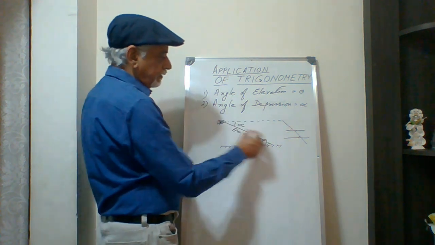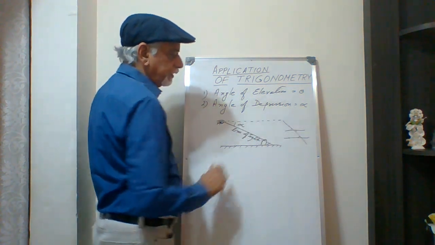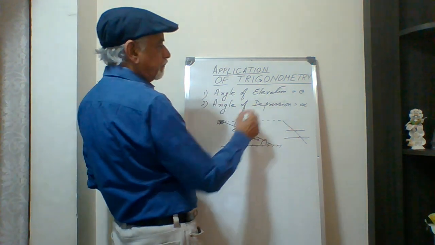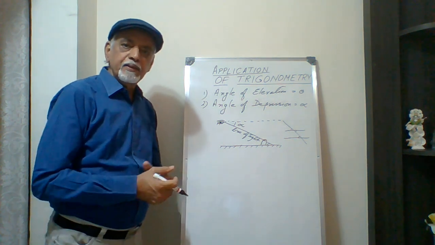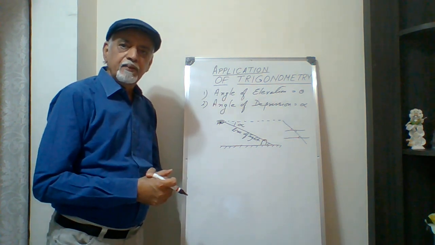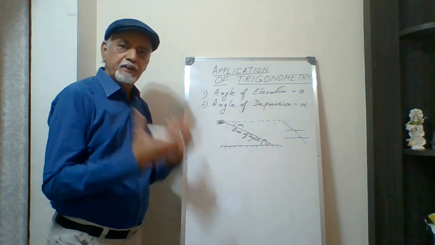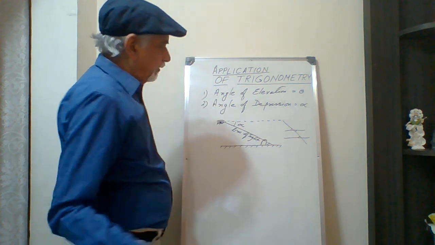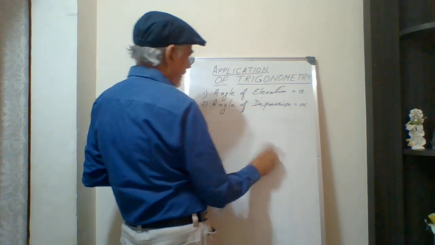So this is a reverse Z, these angles are equal, correct? For remembering depression, depression is feeling low. When somebody is feeling low, he is called depressed, and that is called coming down. His energies or his spirits are coming down, so it is depression. Now these are the two things we need to remember, and the line of sight.